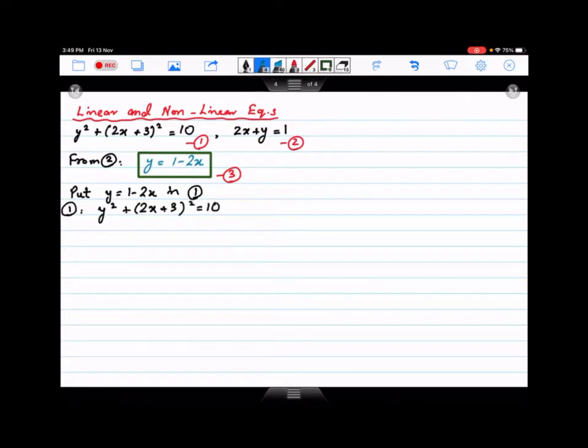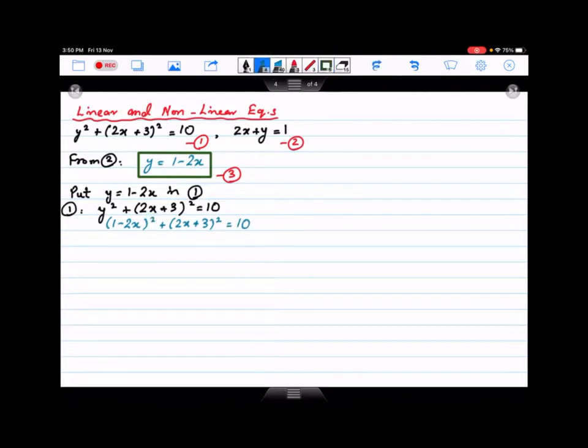So I will write the value of y. Instead of y, it will be (1 minus 2x) whole square plus (2x plus 3) whole square. Make sure that if y has a square, then after putting the value of y, we should put the square here. Otherwise, we will get the wrong answer.